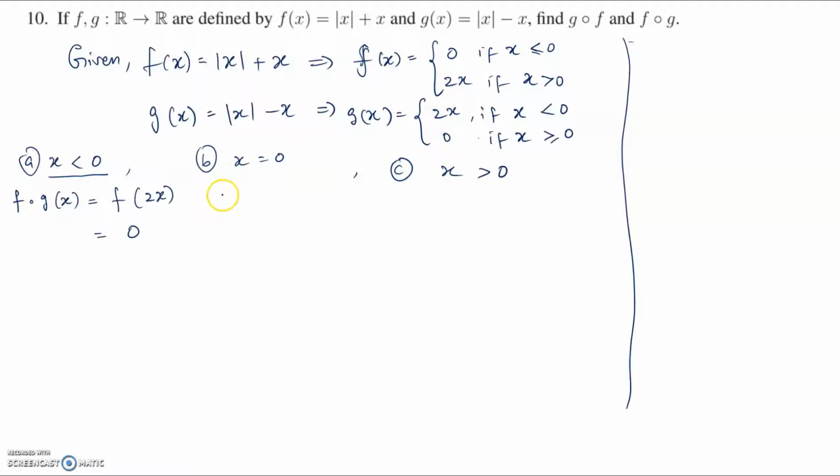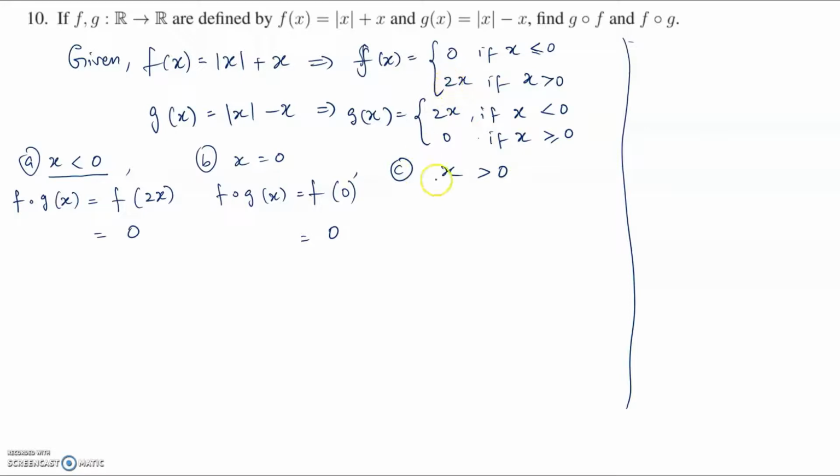Now in the second condition, f of g of x is equal to, when x is equal to 0, your g of x is 0. So it's f of 0, and f of 0, x equal to 0, would be again 0. So in the first two conditions, you see that it's equal to 0. Now let's take the last condition where x is greater than 0.